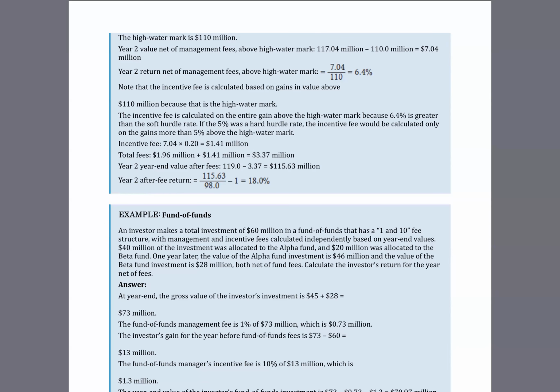So the total amount you made was 119 minus the 3.37 that you are charging me in terms of fees. This gives you a balance of 115.63. So if I take the 115.63 divided by 98 minus 1, then I'll get 18%. This 18% is greater than the 5% hurdle that we set for ourselves. Is it clear?